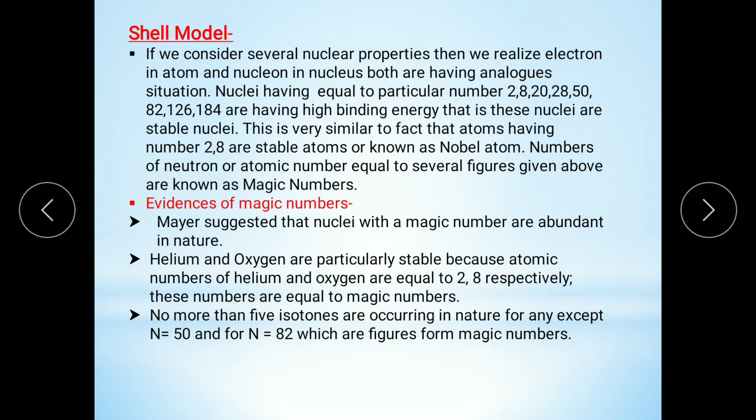Means the atoms having neutron number N equal to 50 and N equal to 82 have more than 5 isotones, but except these two, no element in the periodic table has more than 5 isotones.